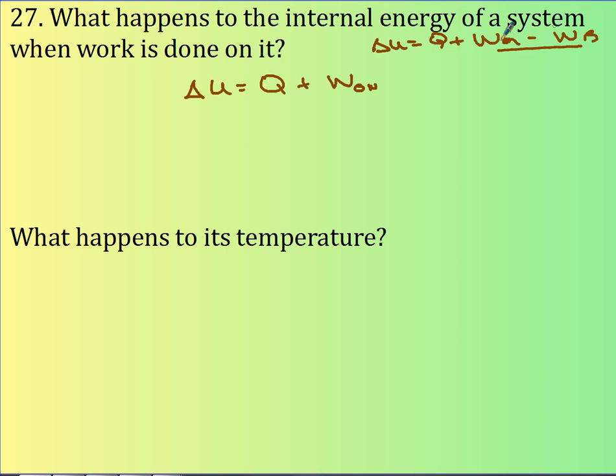You're only going to have one work. When work is done on the system, then the internal energy must go up. So it increases. Now remember, the internal energy is directly related to temperature. So if delta U increases, that means the temperature increases.